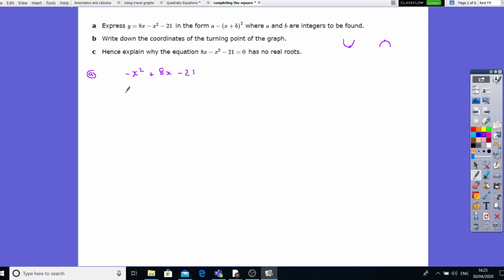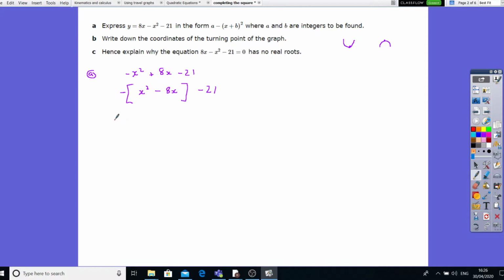So I'm just going to take the minus outside for these two, and introduce some square brackets. This then becomes x squared, however this becomes minus 8x. I'm only taking the first two expressions, and the minus 21 remains minus 21, because I'm going to factorize those and put them in my completed square form. So let's do that.